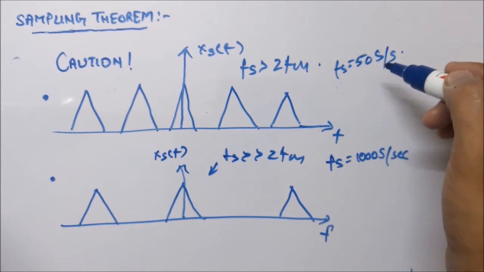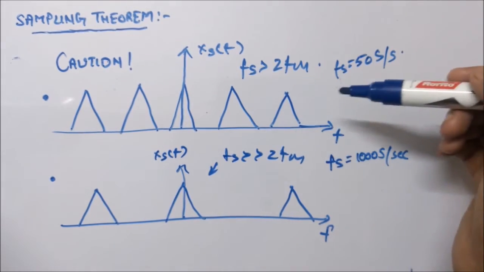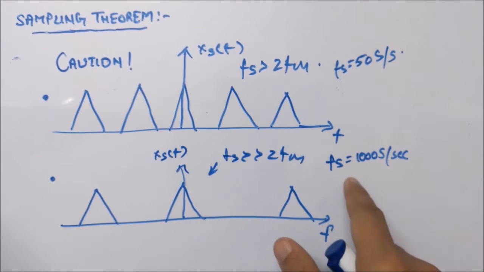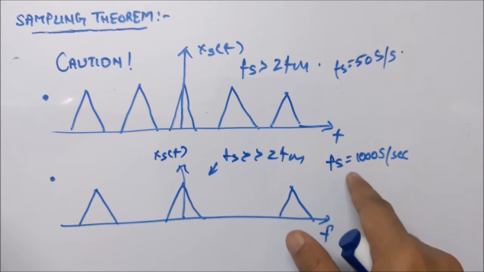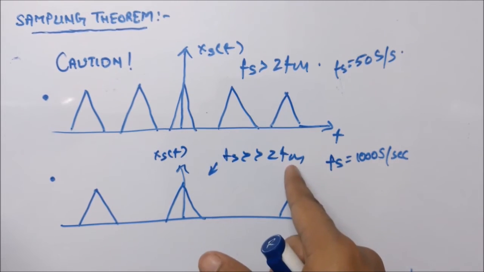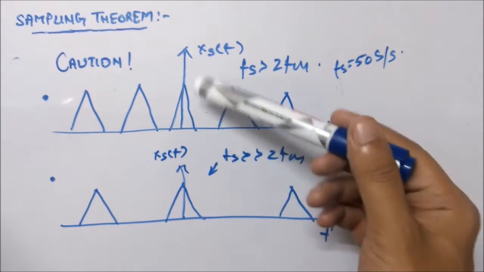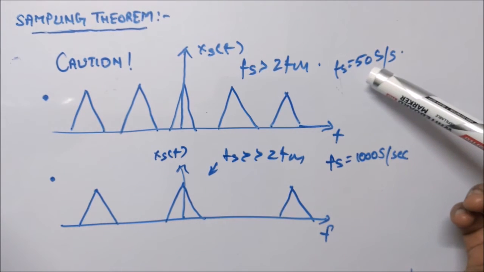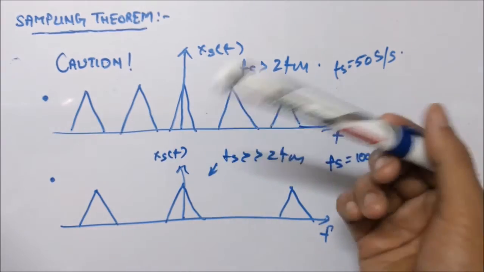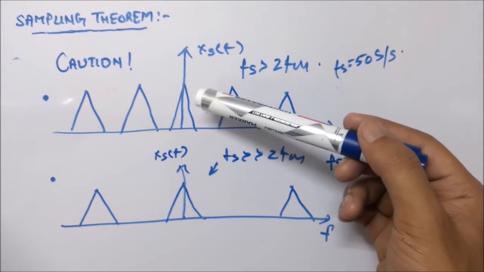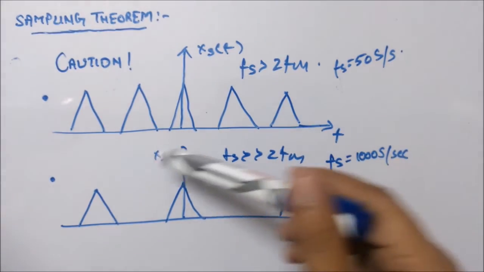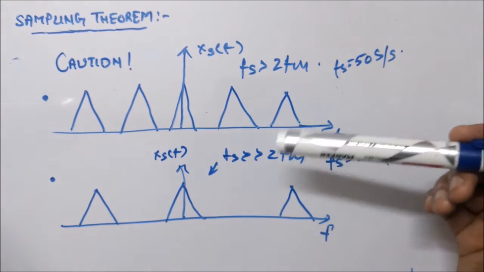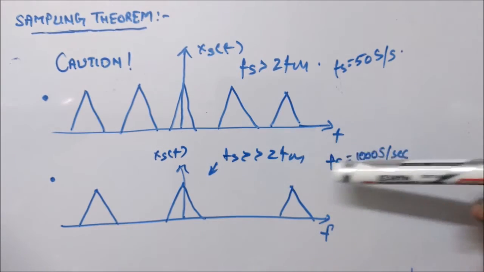So you can see there is really no sense of taking Fs way greater than 2 fm if you are able to recover your signal in this case. With Fs equal to 50 samples per second, you are able to recover your original signal. So there is really no point of going for a very high value of Fs.